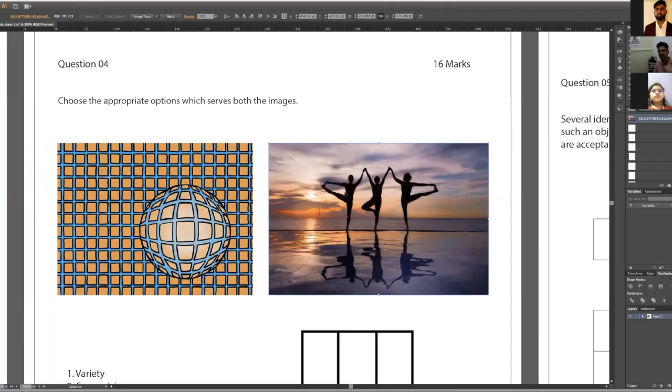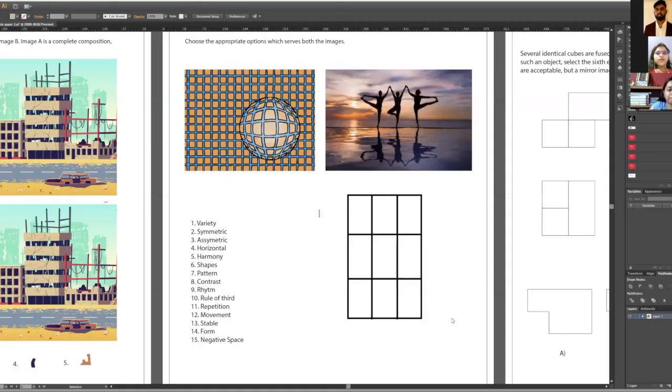So the second picture is stable, and your first image has movement, but both images don't fulfill the same thing. That's why that won't be the answer.